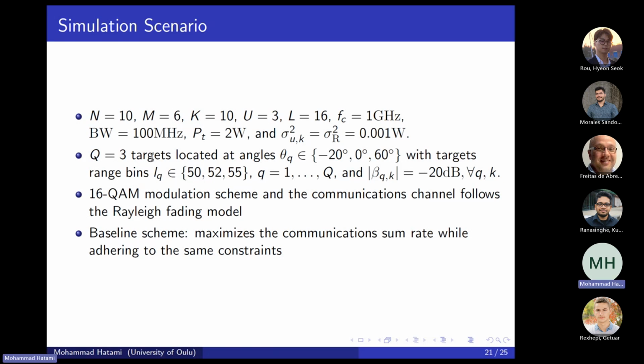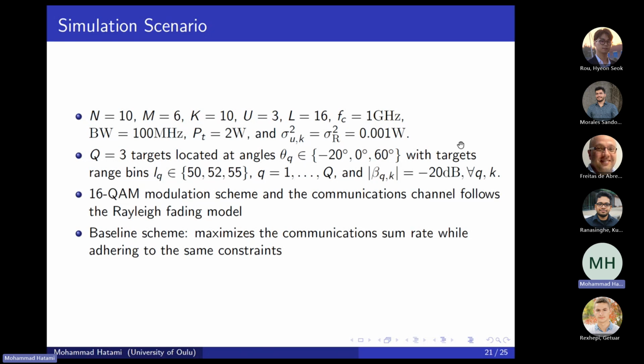These are the parameters that I have considered for the simulation scenario. We have considered 10 antenna elements at the transmitter, 6 antenna elements at the receiver of the radar, 10 subcarriers, 3 users, 16 time slots, and the center frequency is 1 gigahertz with the bandwidth of 100 megahertz.